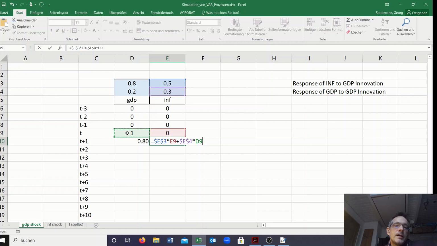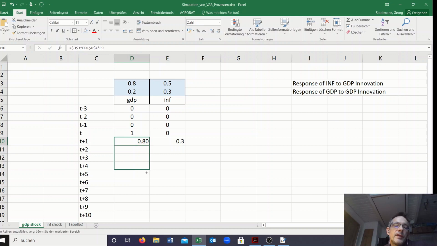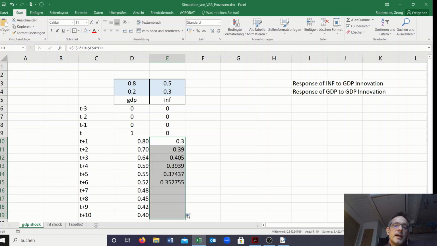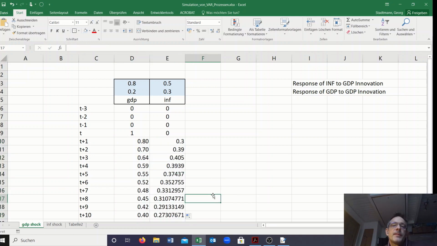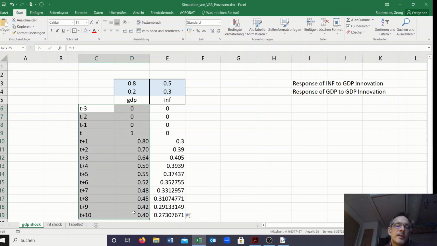Inflation rate in period T was equal to 0. Therefore, cell E9 does not influence the result, but the lagged GDP shock will influence inflation in period T plus 1, and it should be 0.3. So now we can copy this information all the way down, and we are done. Now we can start to plot this time series.